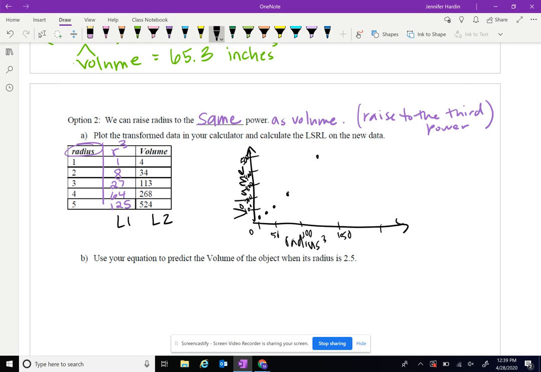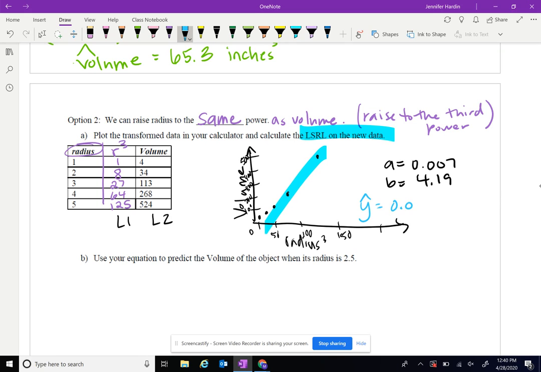So if you compare 1, 8, 27, 64, and 125, and you have then your least squares regression model, it tells me that A would equal 0.007 and B would equal 4.19. Okay. So my least squares regression model for this one, that's using that prediction line, should be y hat equals 0.007 plus 4.19x.